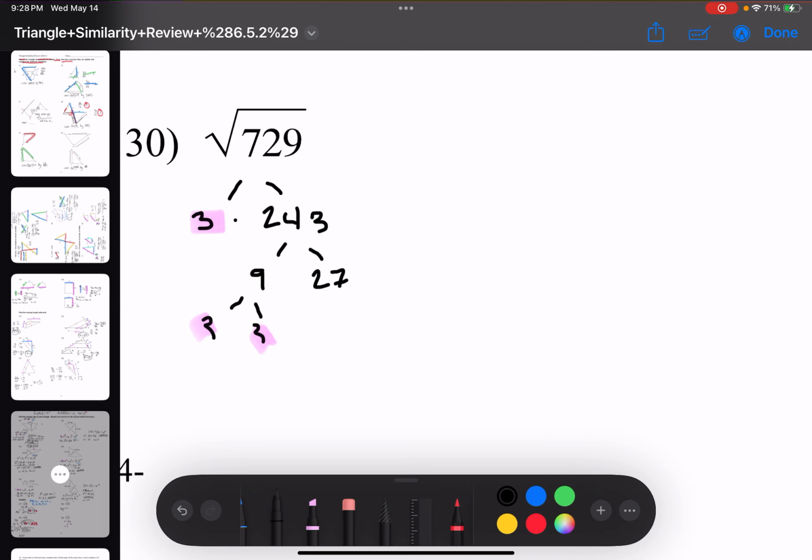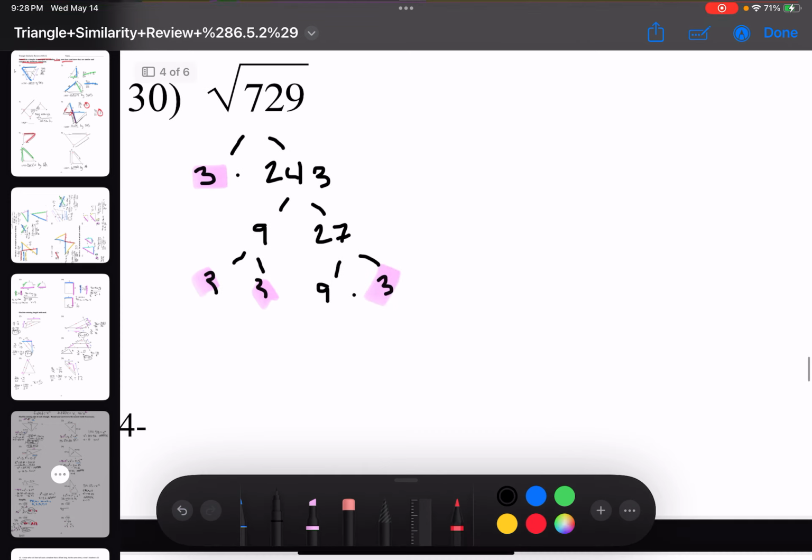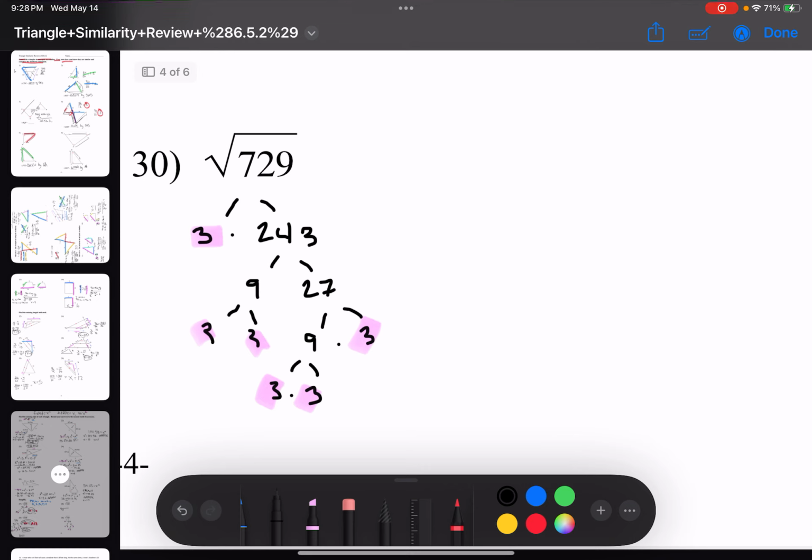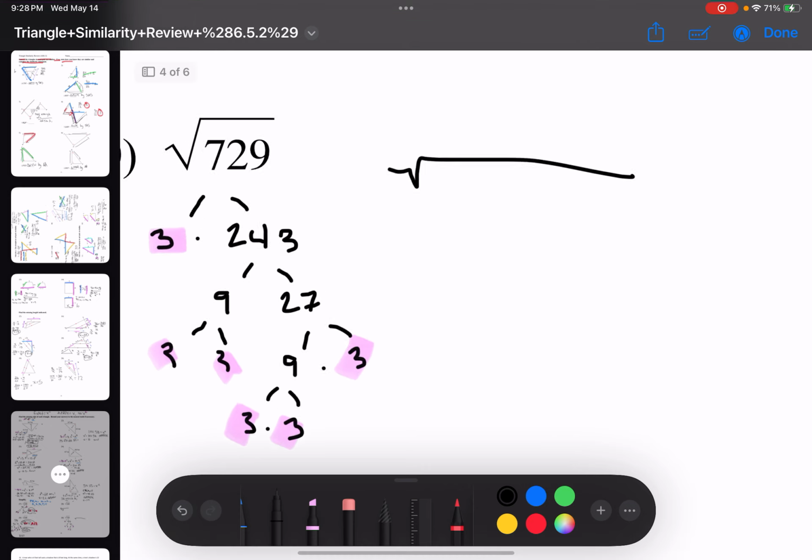And then 27 divided by 8. Oh no, hold on. It was 27 divided by 9, which is 3, because I memorized my multiplication chart one time. And 3 times 3 is 9. So, oh my god, we got a lot of 3s. Boom, hospital table ASAP.